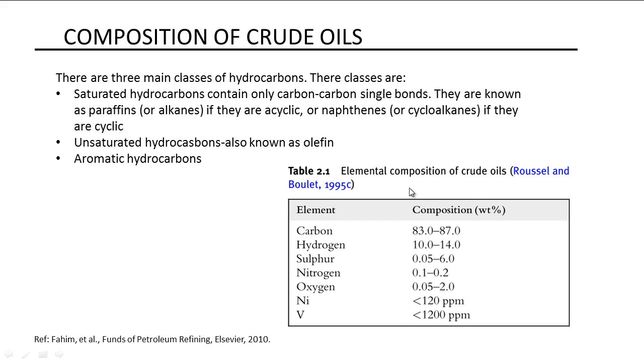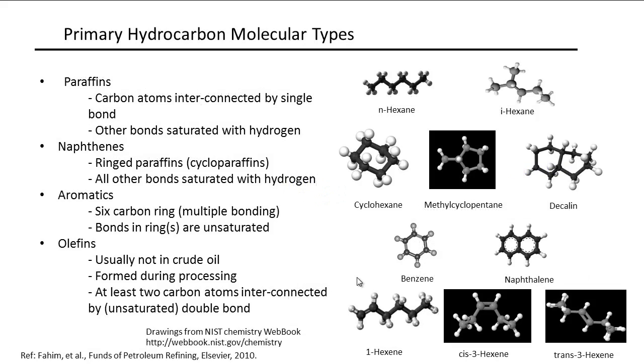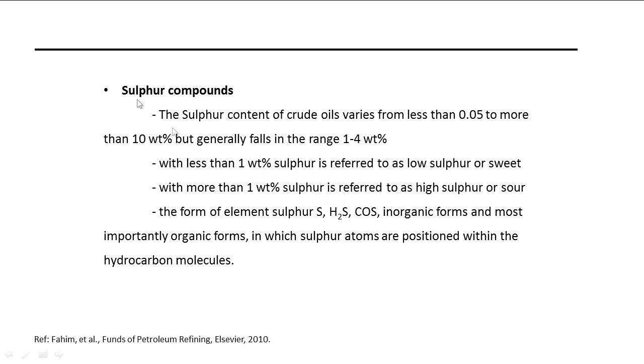In the element composition of crude oils, not only carbon and hydrogen are found, but also some contaminants like sulfur, nitrogen, and oxygen will be present. So let me talk about the sulfur compounds here.